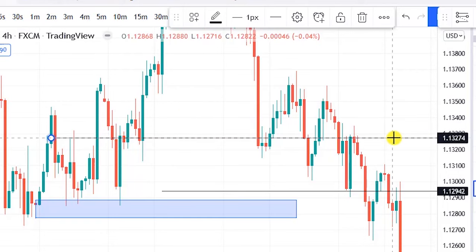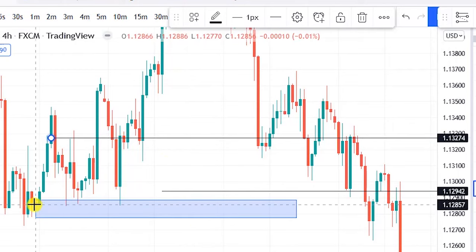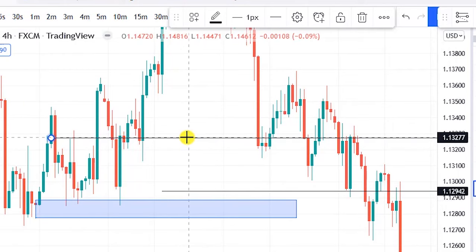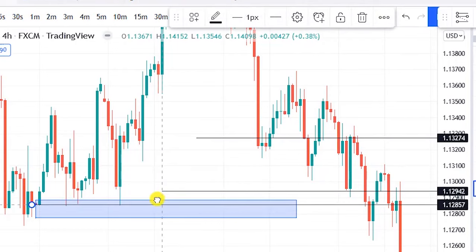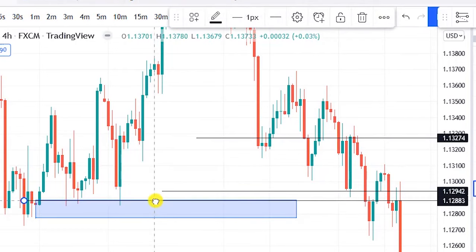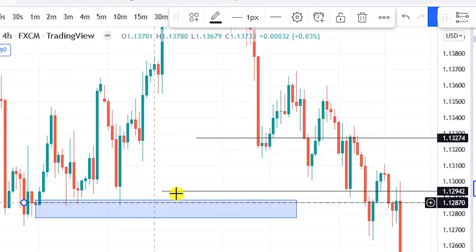You understand? But at this area here, let's look how much it will now cost instead to get a euro. Good. At this last candle, let's look how much it will cost. Let me remove this one so that it will not confuse you.